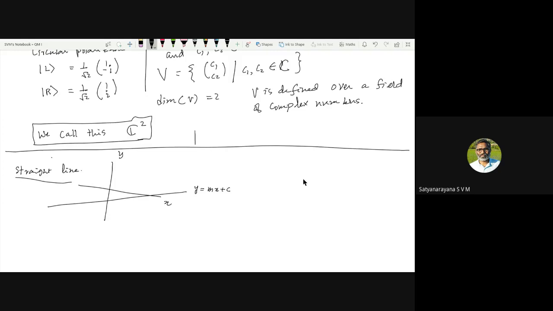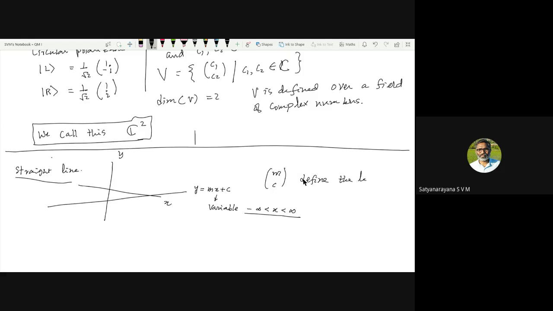That means this x is a variable, and minus infinity less than x less than infinity, that means it will take all the values. Now by fixing m and c, I get the straight line. I am getting the straight line means I am using up all the values of x. So what defines the straight line? This m and c. These two define the straight line.